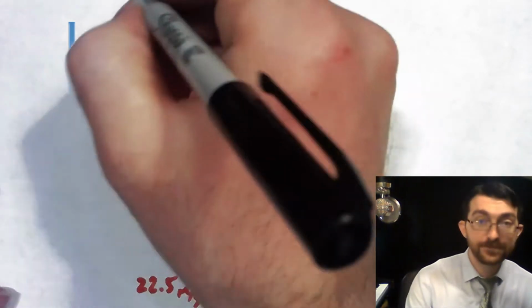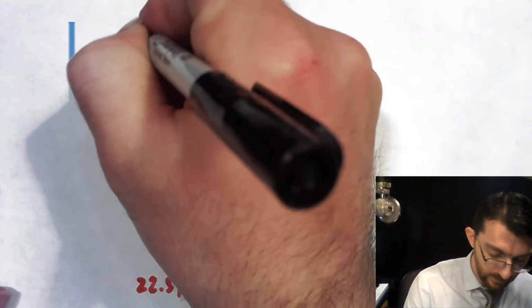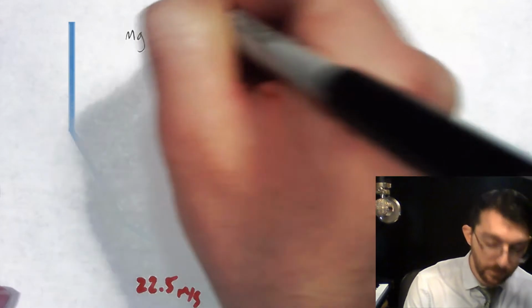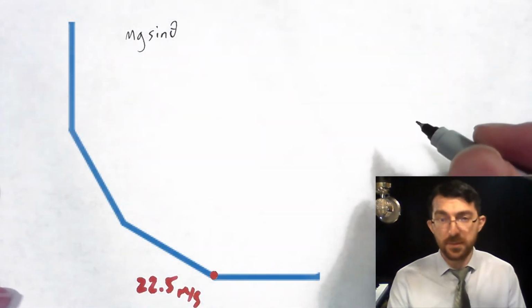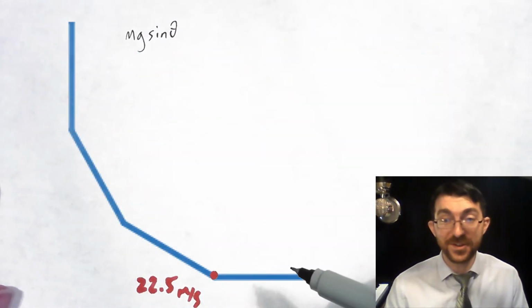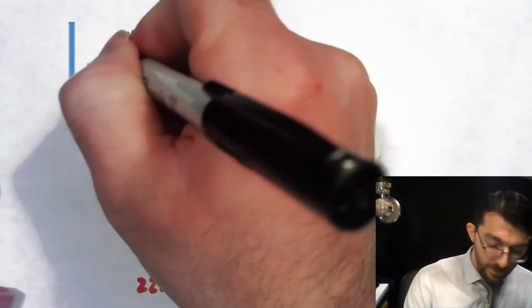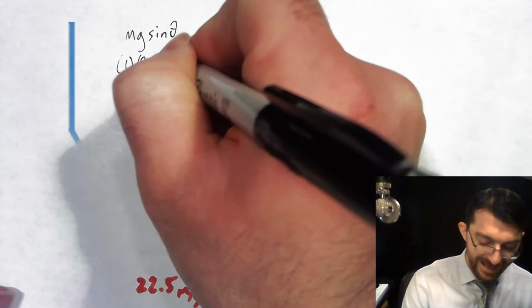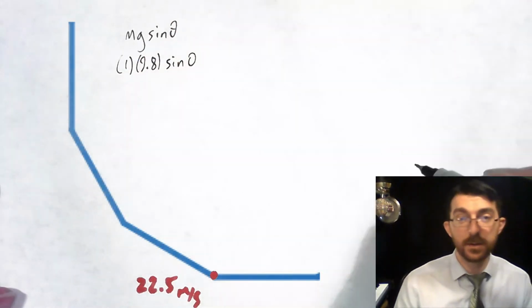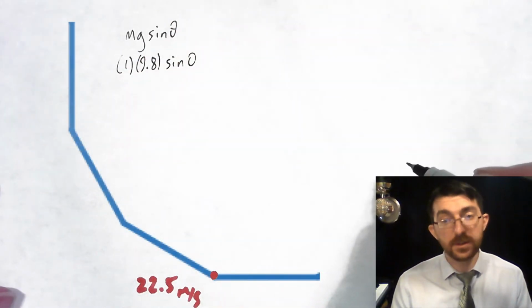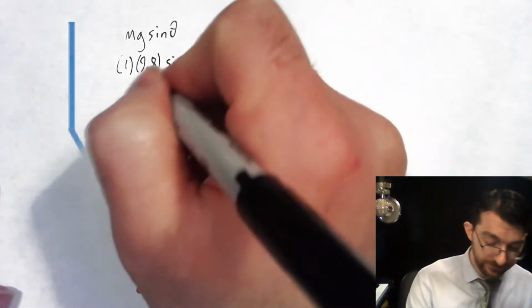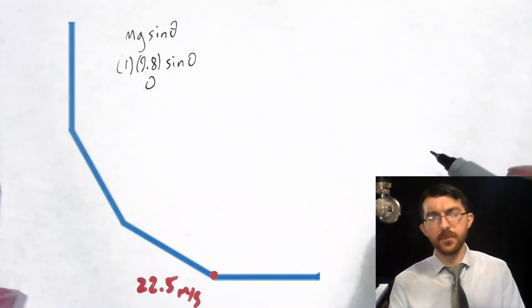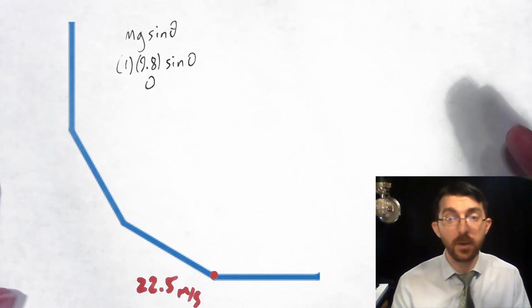Here's the easy one. It's not being pulled down the slope anymore because there's no more down. Mass is 1, gravity's 9.8. The angle, though, is 0, and the sine of 0 is 0. So it's not being pulled down anymore. The only force at work now is friction.